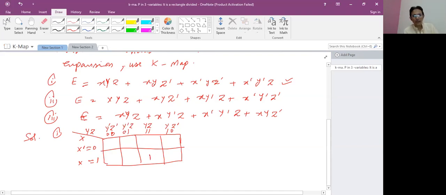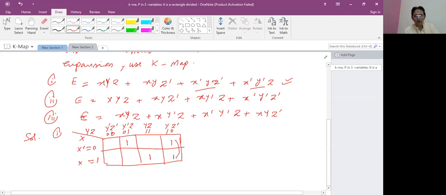The second one is x y z complement, meaning x and y without complement, z is complement. The third term is x complement y z complement, so we write 1 here. And the last term is x complement y complement and z.